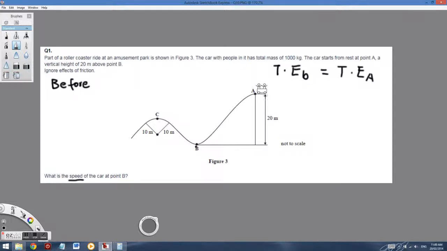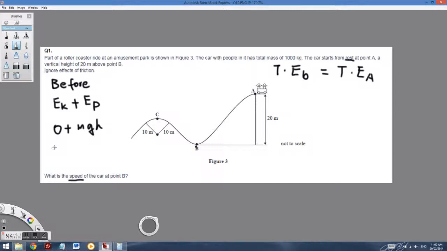Have a look at the energy before. Let's assume the car starts from rest, so there's no kinetic energy. The total energy will be kinetic energy plus potential energy. Kinetic energy will be 0. Potential energy is mgh.